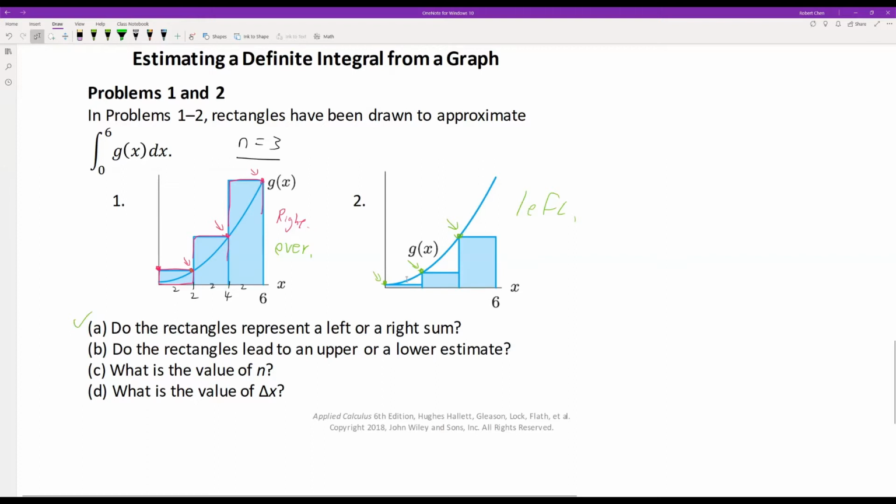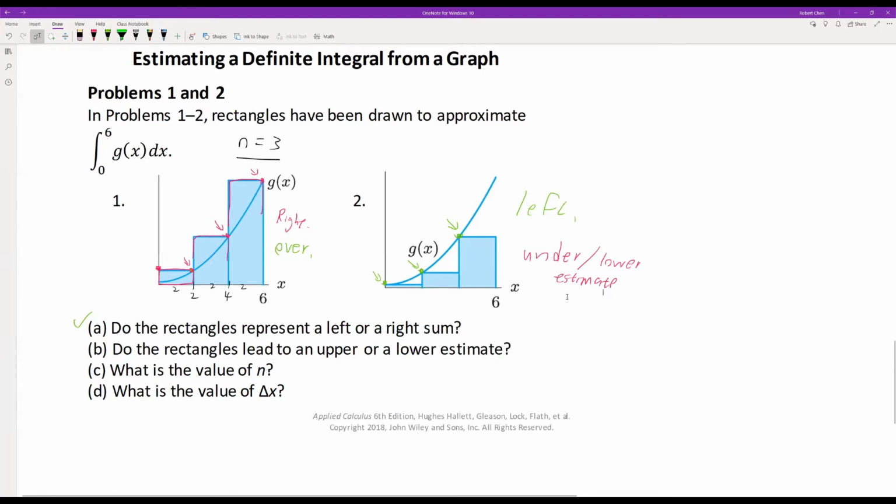So we have these little triangles left. In this case, this will be an underestimate or lower estimate, because the value you get from the area of the rectangles is lower than the actual area under the curve.